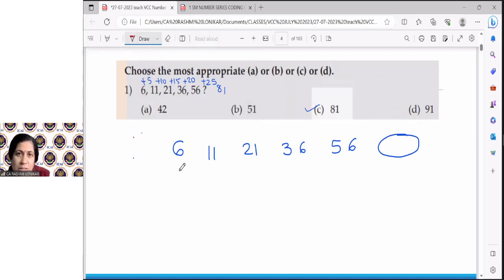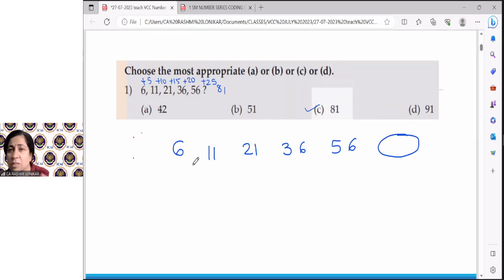This is the simplest type, where the next number is just an addition to the earlier number. It may be a sequence, a GP or an AP, whatever. So 6 plus 5, simple. Whenever you're doing sums, this is the simplest one you should try first. If this does not work, then you can go to the next one.